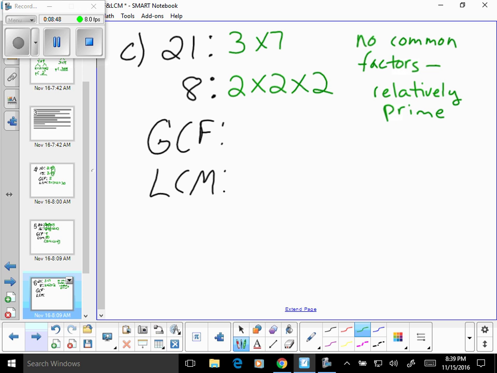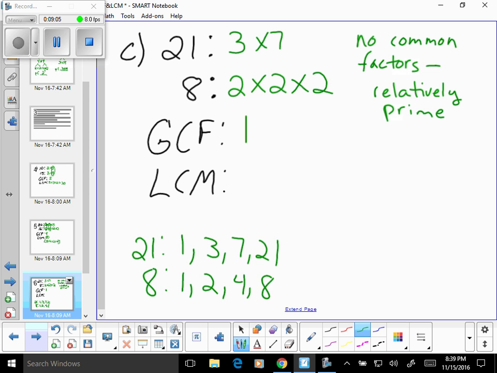Because 1 is a factor of every single number, my GCF here has to be 1. Well, where does that come from? It comes from the old days when we would list all the factors of 21. We would list all the factors of 8. There's that 1. Only we do it mentally.